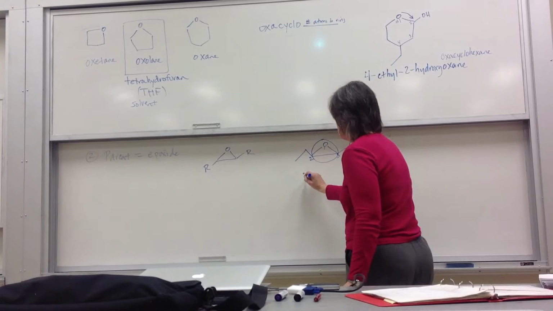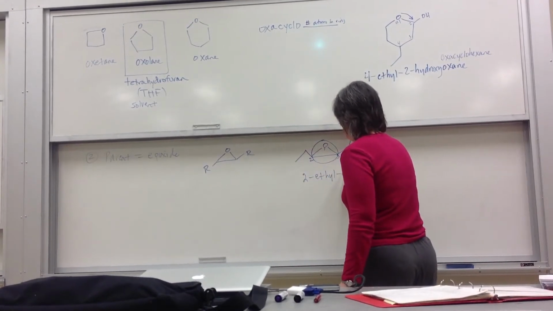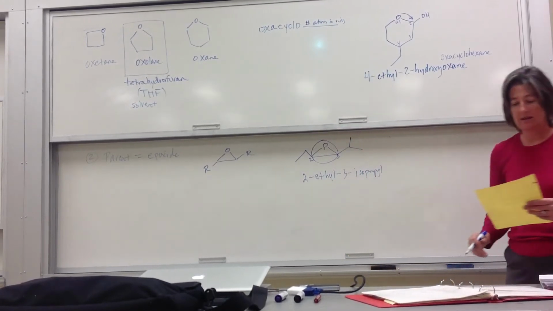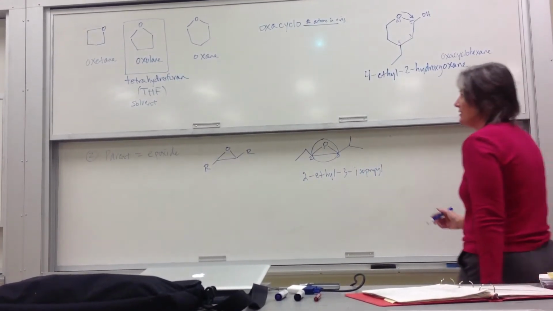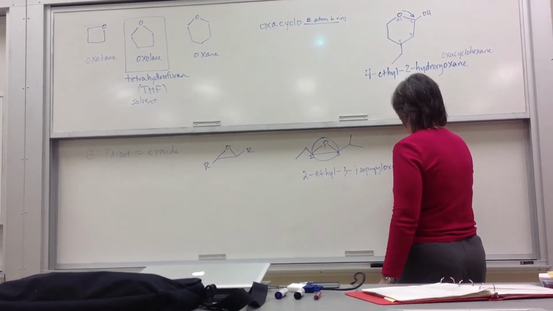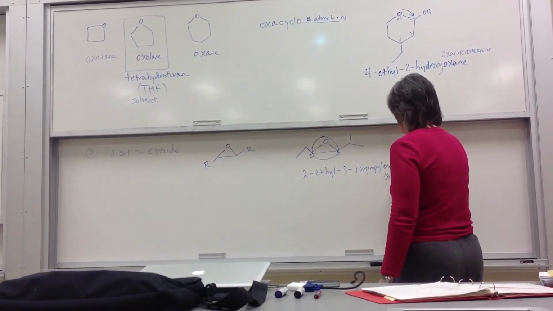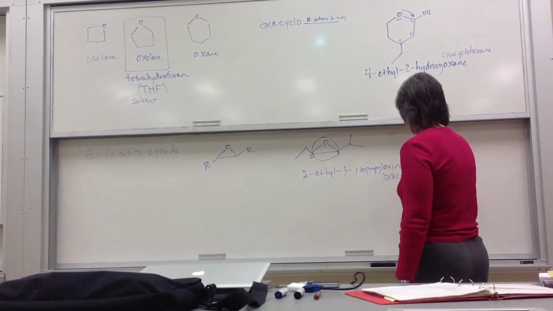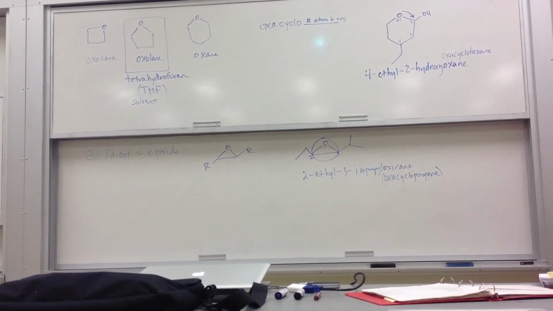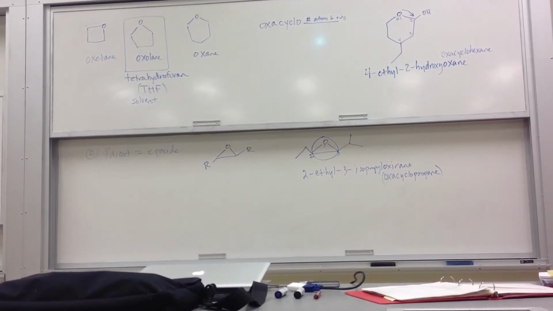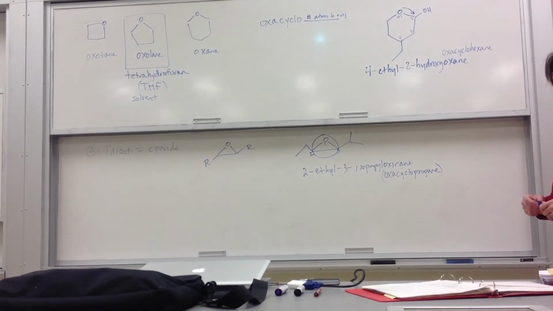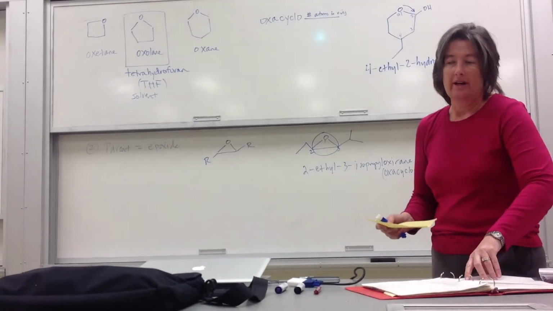So this becomes 2-ethyl, 3-isopropyl, and then it is just oxirane. You can also say oxacyclopropane. That'd be okay too. That's very consistent with what we did earlier with the larger ones. And either one of these is acceptable. It really boils down to which is the easier one. Okay?